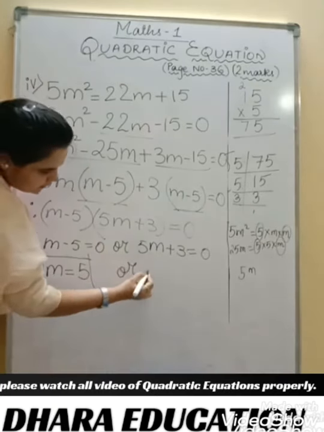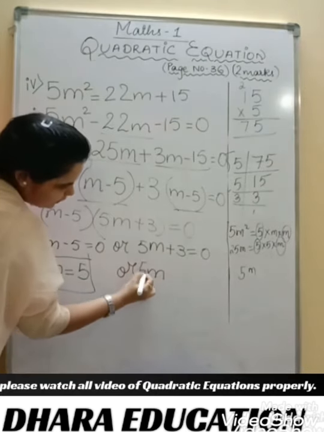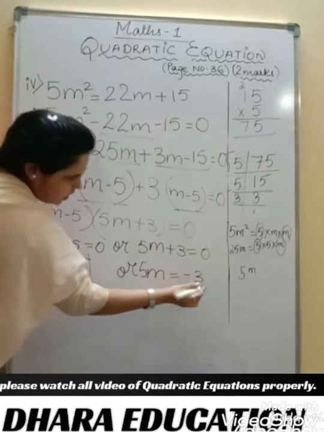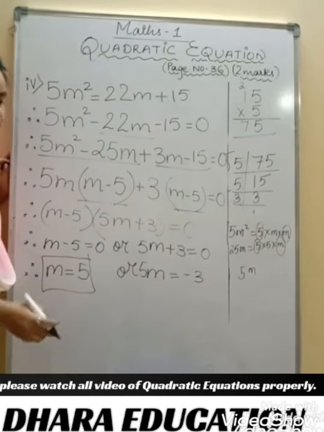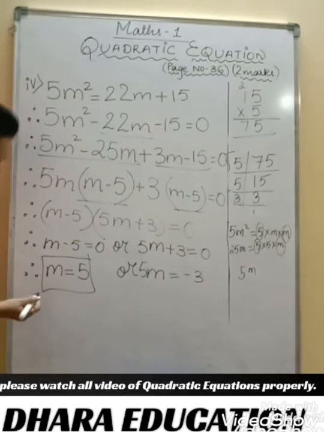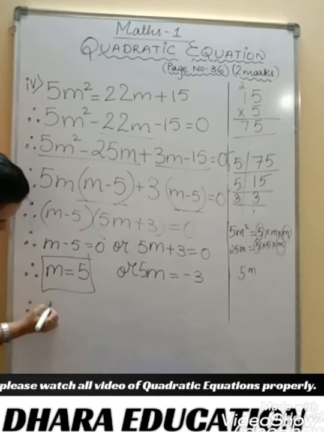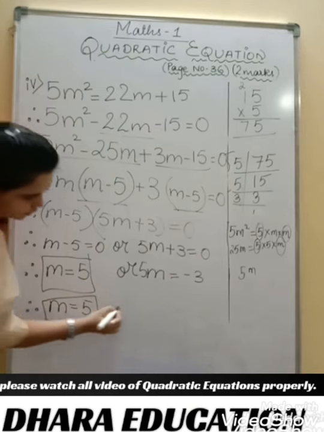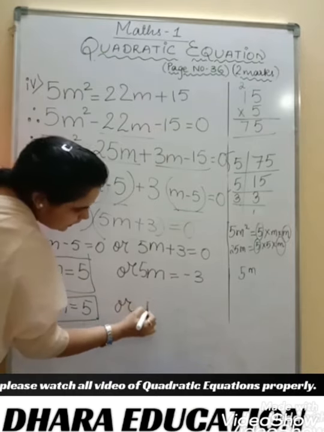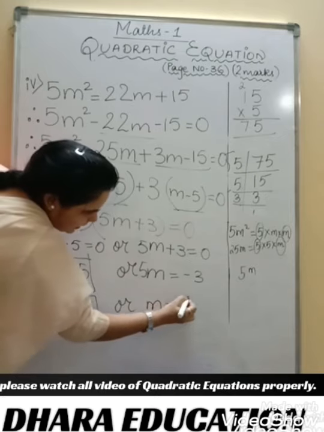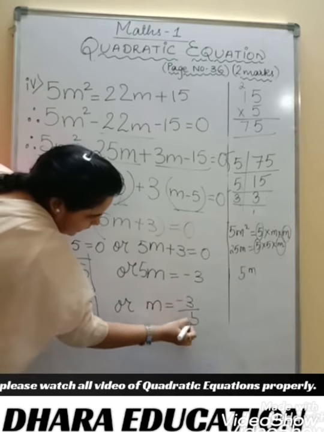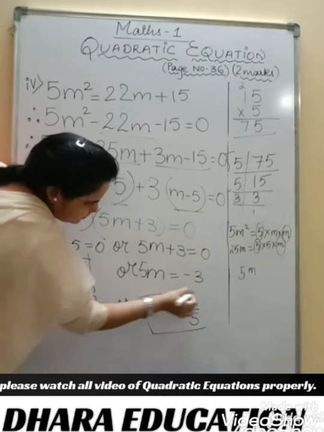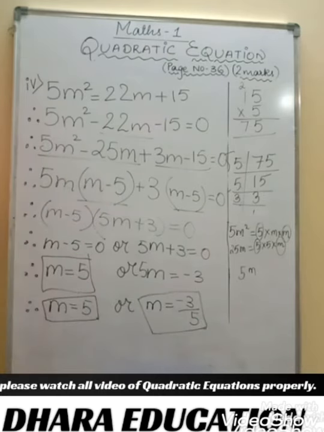Or 5m is equal to minus 3. Again there is a 5m, so one more step additionally we have to take. So no problem. m is equal to 5 or m is equal to minus 3 divided by 5, as we have done in the earlier sum. So these both are the values of m, that is 5 and minus 3 upon 5.